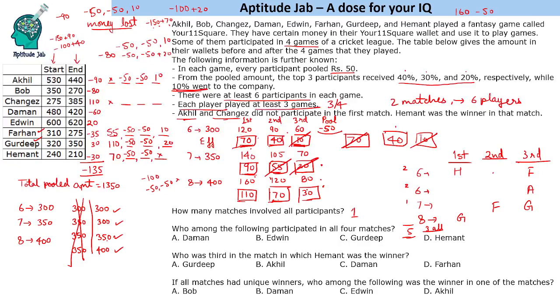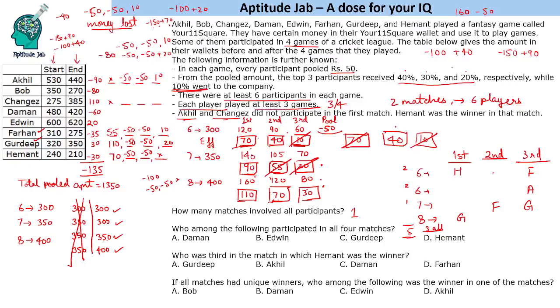Daman is minus 60. Minus 60 can be minus 100 plus 40, or minus 150 plus 90. So for these two we cannot yet determine.